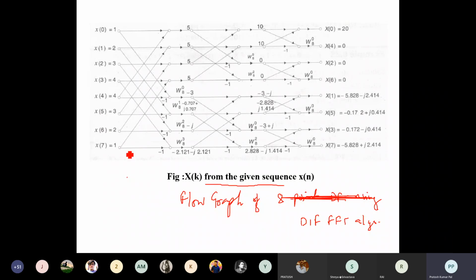Okay, so we need to see how it is drawn. First of all, 8 horizontal lines will be there. Let me check.